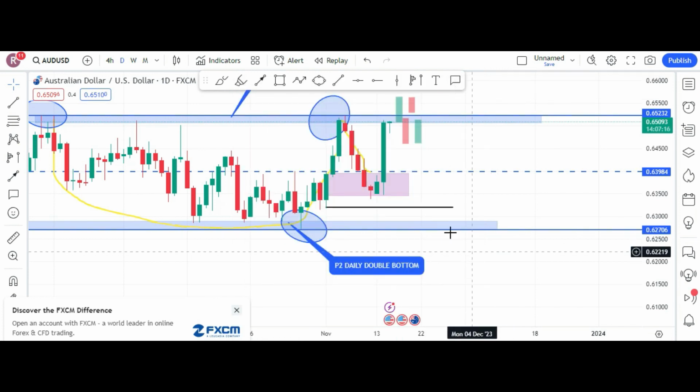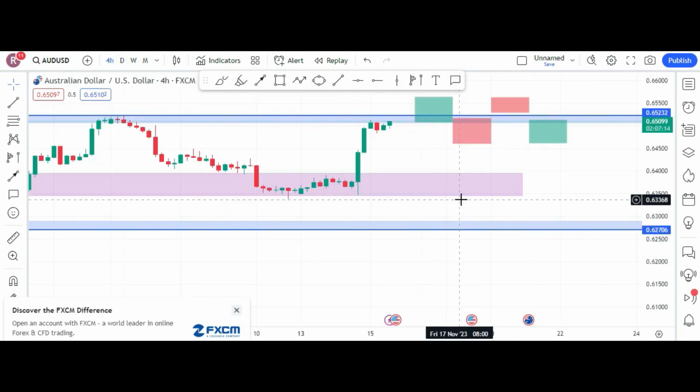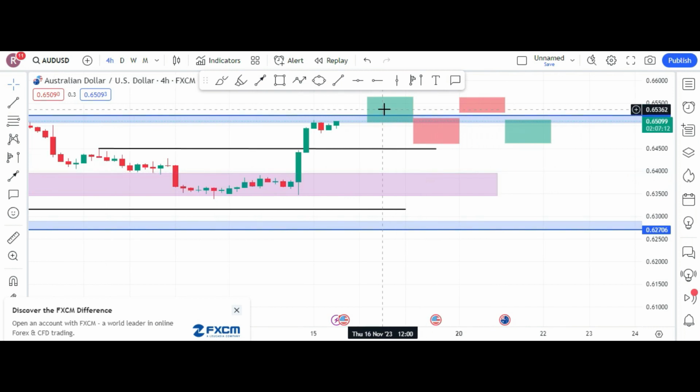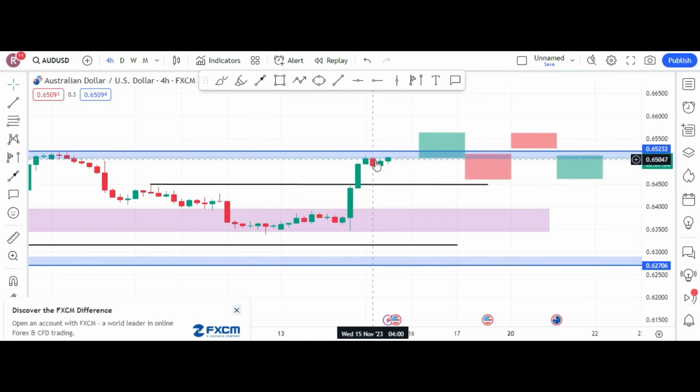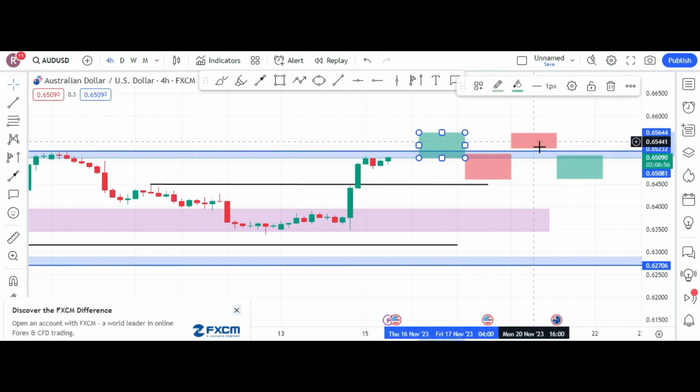Okay. So if you go to 4 hours, you wait, and you see this, the 1, 2, 3, 4. These are the 2 days of 4 hours candles. This is for 15th November. So we have a red, we compare this. Forget this one and this one.